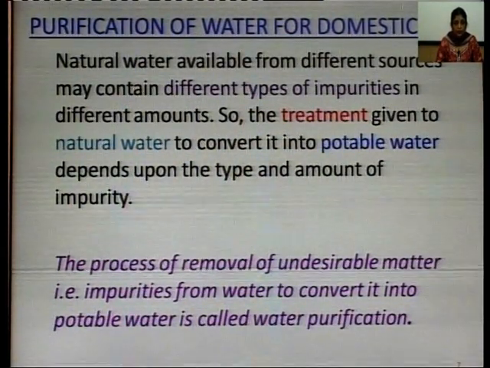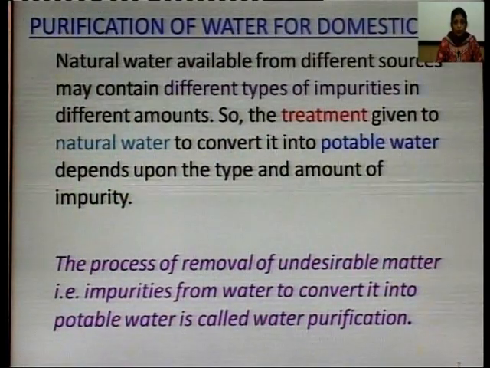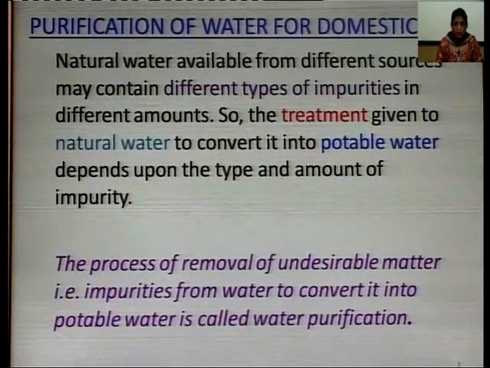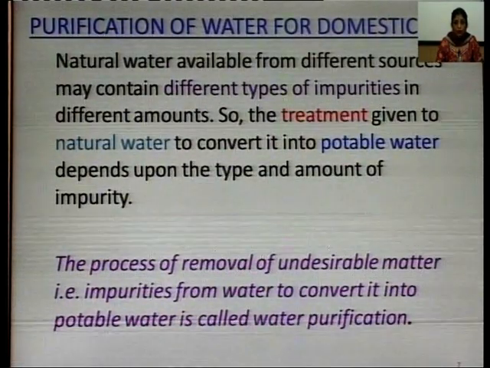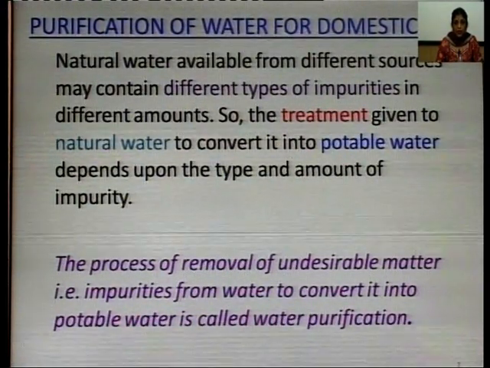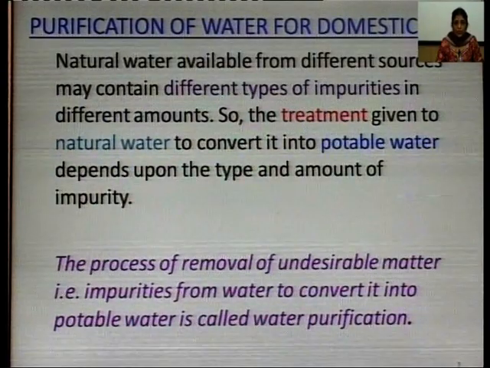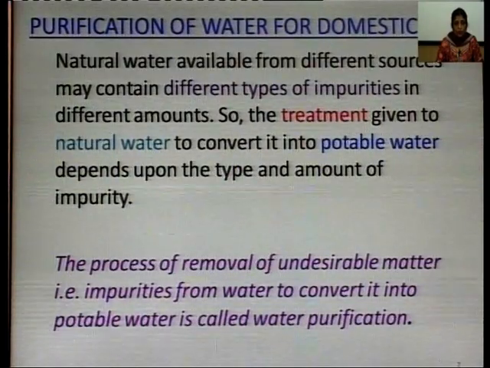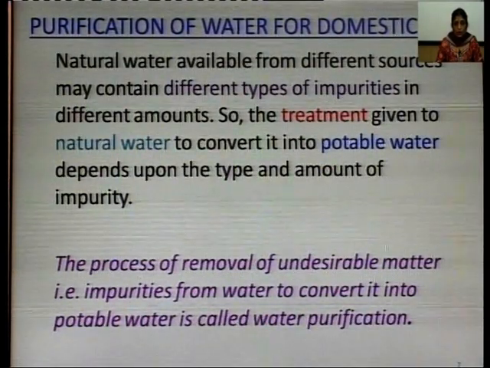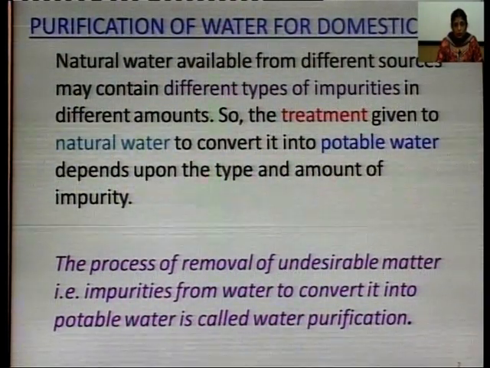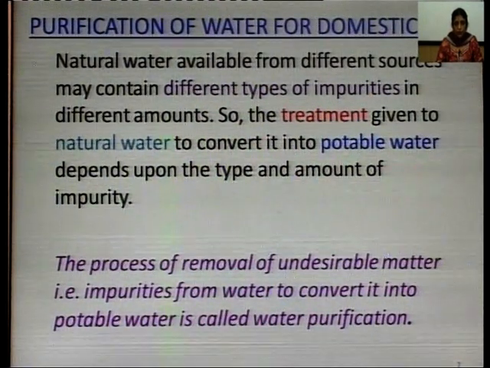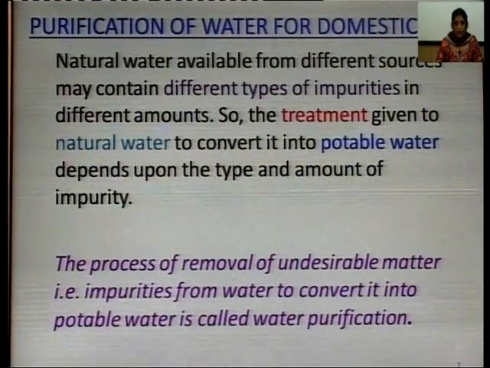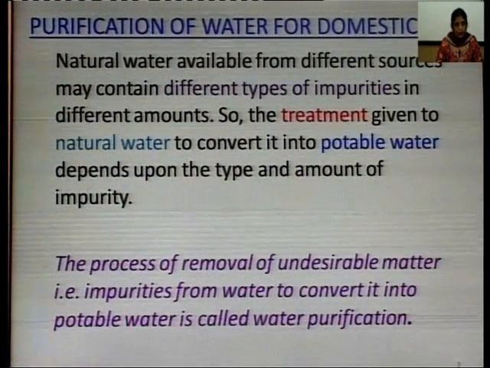Now, we come to the heading purification of water for domestic use. Natural water available from different sources may contain different types of impurities in different amounts. So, the treatment given to natural water to convert it into potable or drinking water depends upon the type and amount of impurity.